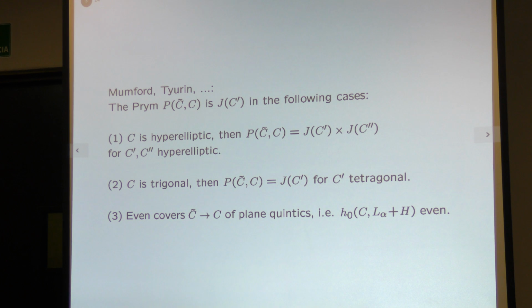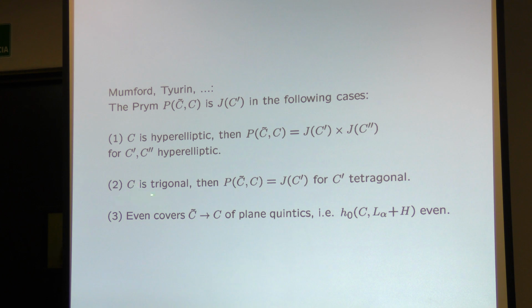I'm not sure, Philip may correct me in terms of references, but it's mostly Mumford who does the classification. The question is when this Prym is a Jacobian, and Mumford essentially asked this question and answered it, which is a good thing in mathematics. In three cases: C is hyperelliptic, and then the Prym splits into the product of the Jacobians of two hyperelliptic curves.